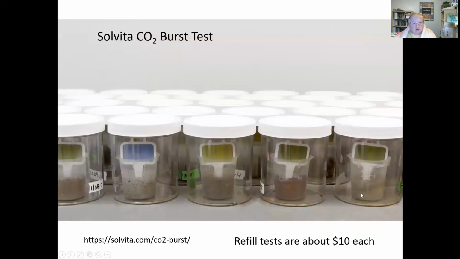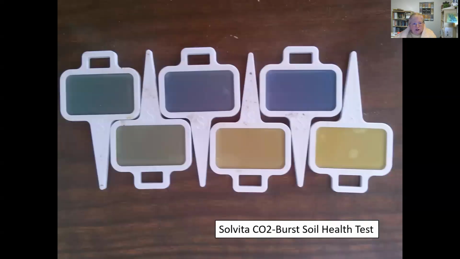There's also the Solvita CO2 burst test. That one relies on a set amount of soil. You add a known amount of water to it and measure the CO2 burst after the test. It starts out as a blue paddle and changes color to a yellow paddle if there's a lot of activity.